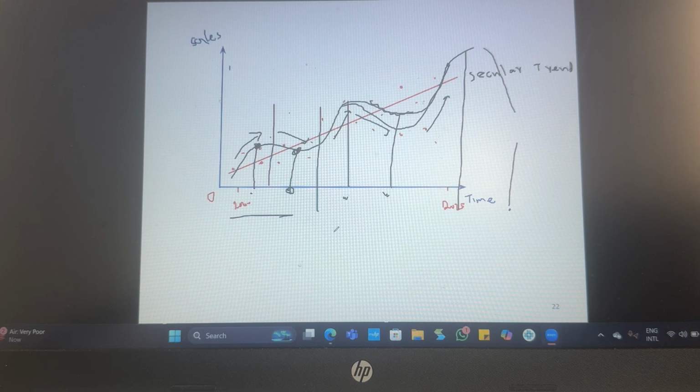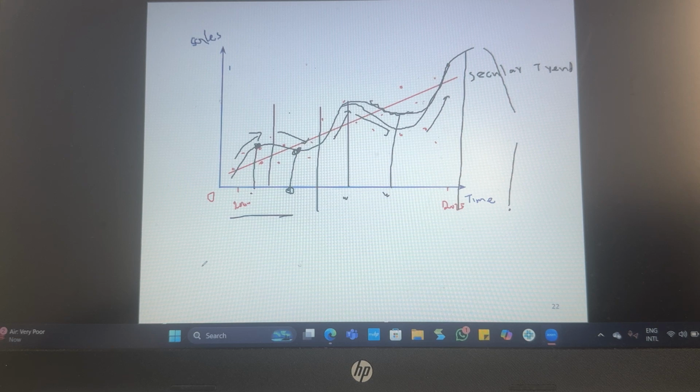So the same pattern happens every year like this. So this is seasonal fluctuation. I hope that you are understanding these things. Are those clear? Yes, sir. Okay. These kinds of things we can actually predict.